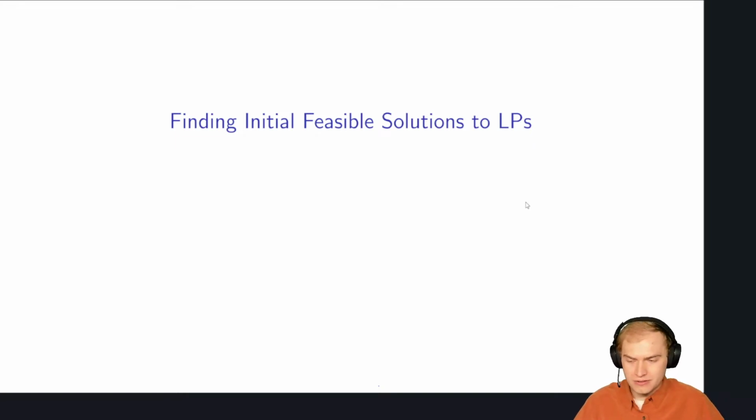The book presents what is commonly known as the two-phase method, where we perform one simplex procedure on a sort of altered version of the LP to find a feasible solution, and then we proceed back to our standard simplex algorithm from there.